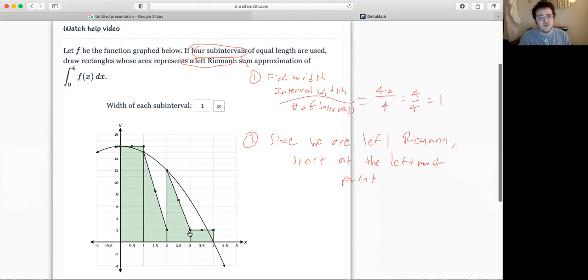That rectangle goes to 12. And then the next rectangle goes to 7. Then we just make sure that they become rectangles. And that is your left Riemann sum.